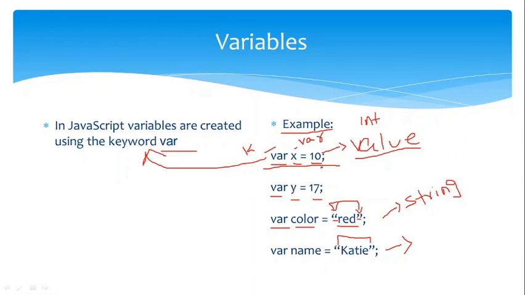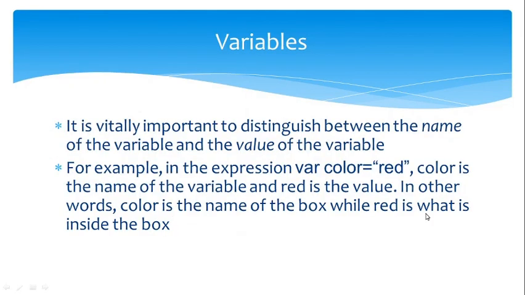If you want to give an integer value, just give numbers. If you want to give a string, then that should be in double quotes. If you are giving a character, you must give it in a single quote. A character is represented with a single quote, and a double quote represents a string. Next, it is vitally important to distinguish between the name of a variable and the value of the variable.